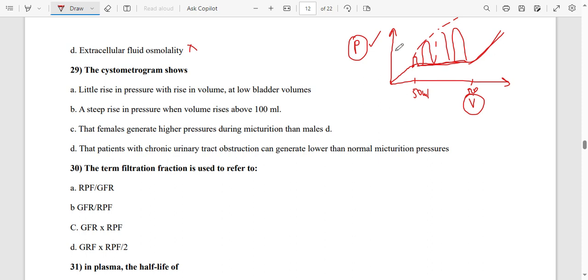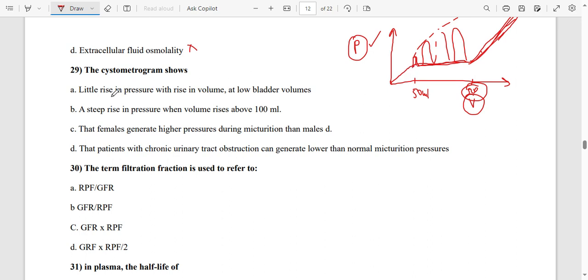You feel like urinating, but after a time you stop feeling like urinating. If it increases more, the pressure will again increase. You feel like urinating, but it will stop. But there'll be a point after you've exceeded about 500, which is the normal capacity of the bladder, where the pressure in the bladder will increase such that you just want to urinate and it can't go back down. So this is the cystometrogram.